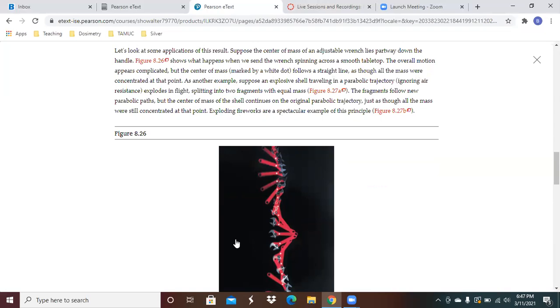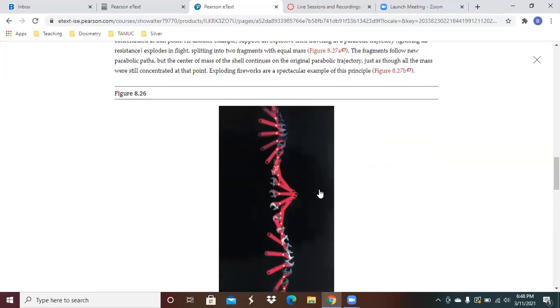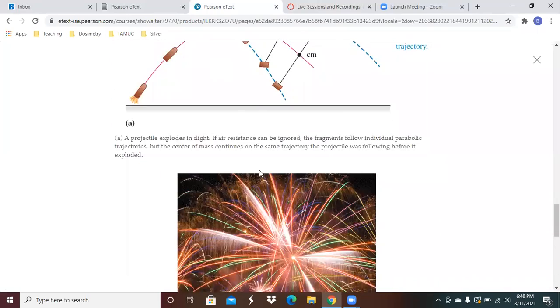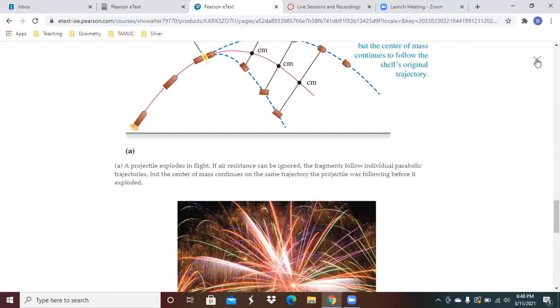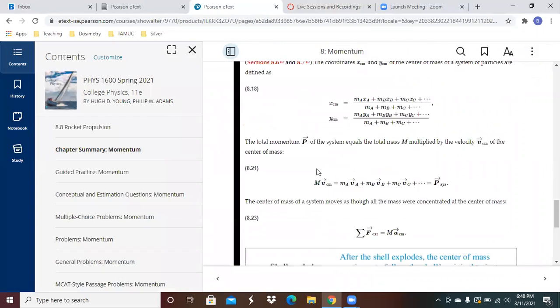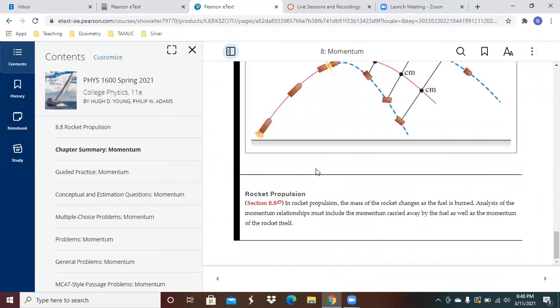The overall motion appears fairly complicated, but the center of mass follows a straight line, as though the mass were concentrated at that point. And we've already gone through the shell exercise there. So anyway, center of mass is always an interesting concept, I think.